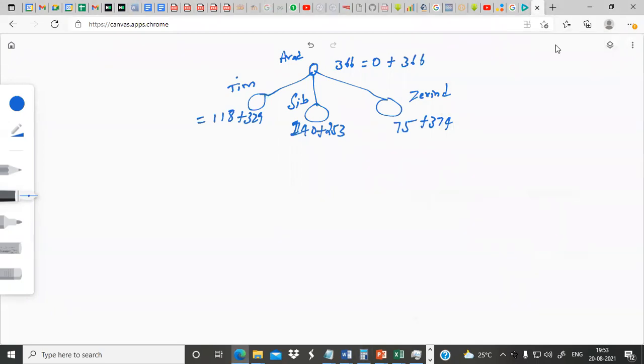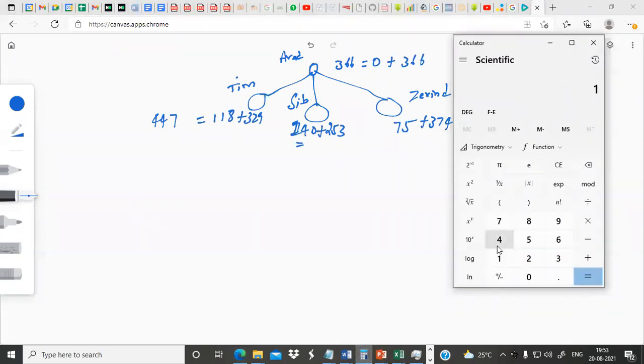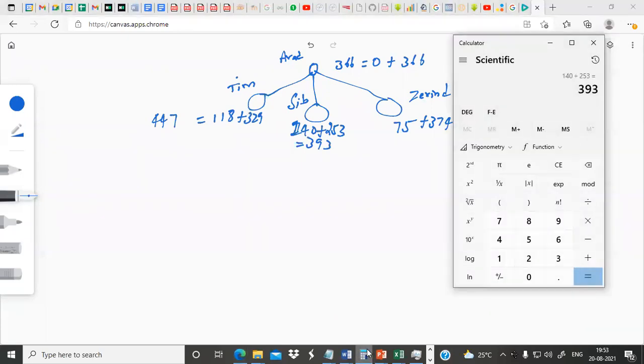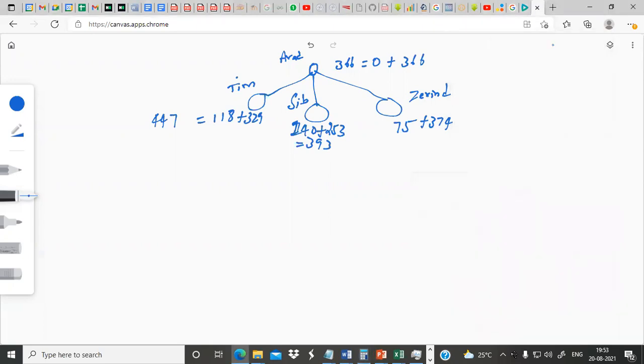Then what is the cost of this? 140 plus 253, it is 393. And what is the cost of this? 75 plus 374. It is 449. So this is 449. Okay.